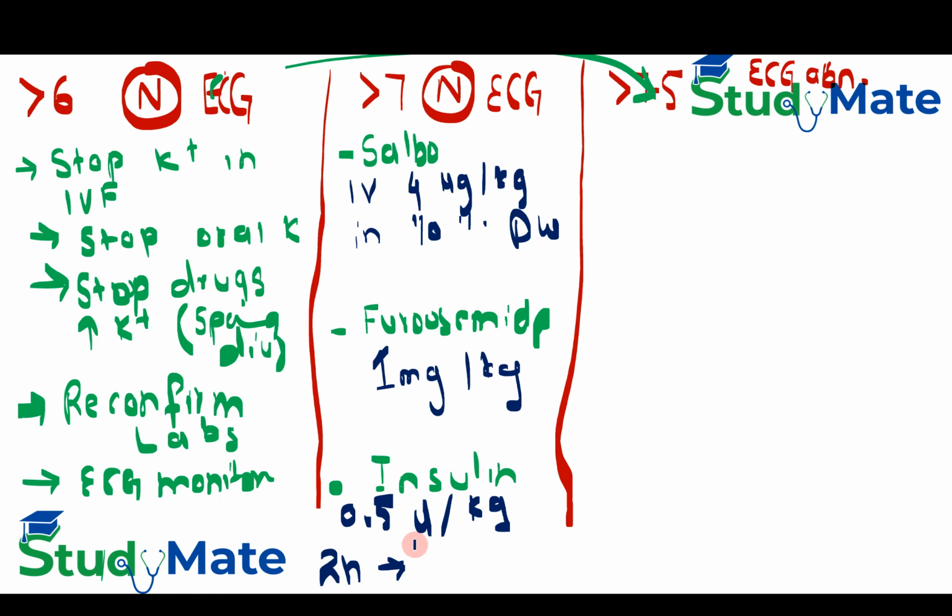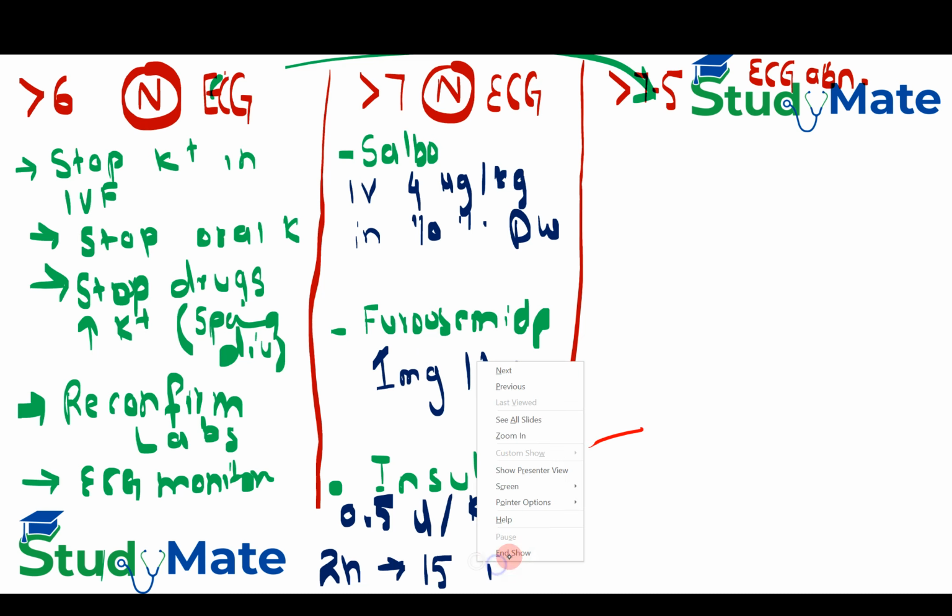During the infusion of insulin, the glucose should be monitored every 15 minutes.